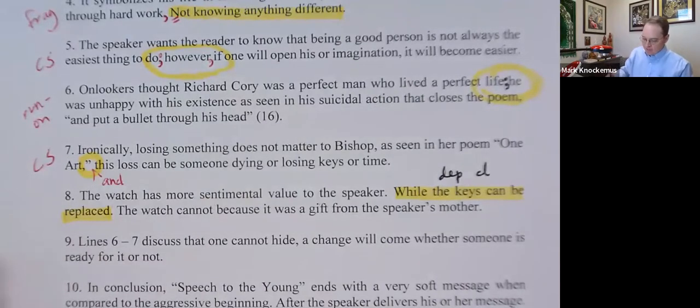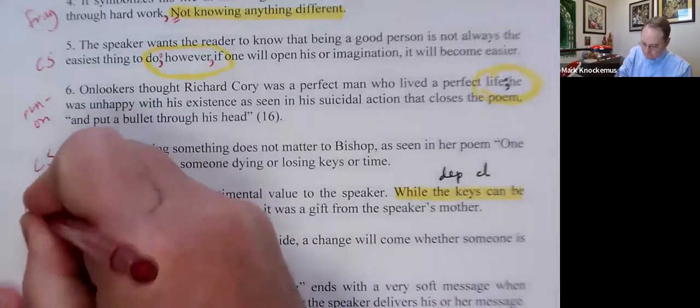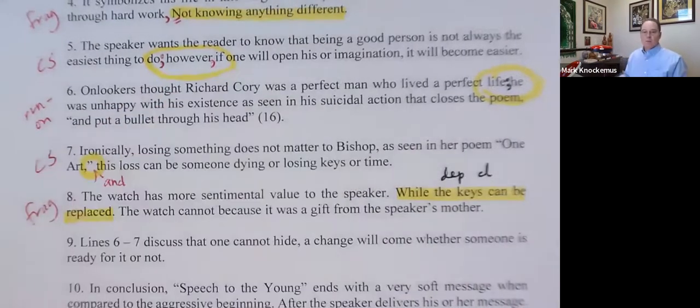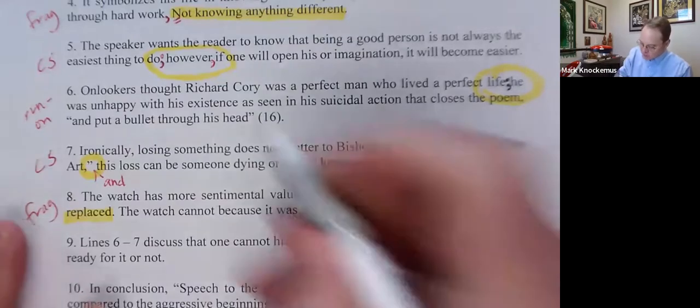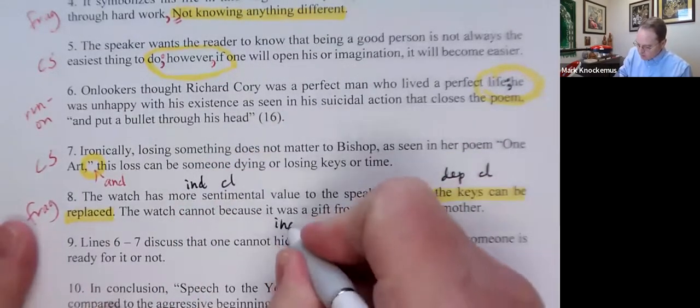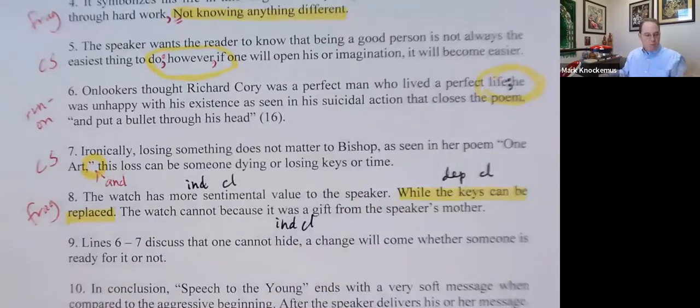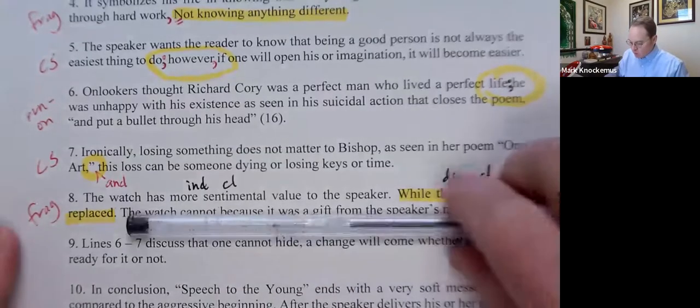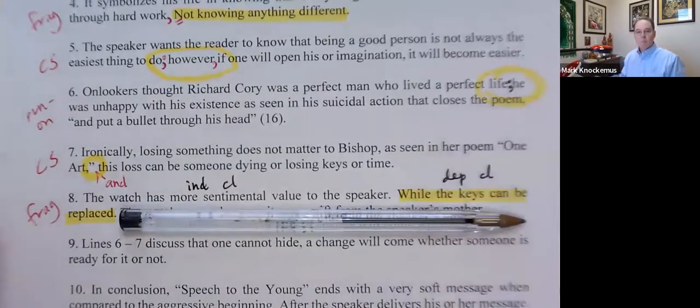Whoa, what does that mean? A fragment. What do we see on either side? Independent clauses. So now what do we have to do? We have to do a little checkup here to see which independent clause our dependent clause is going to attach to. So what can we do? We can cover up.